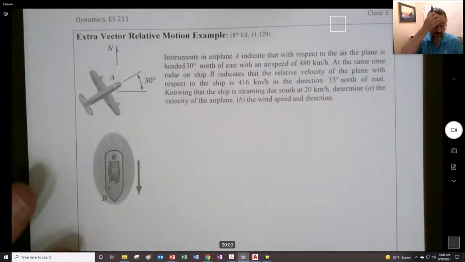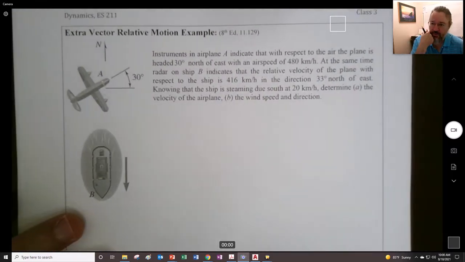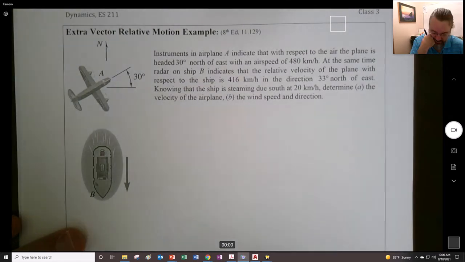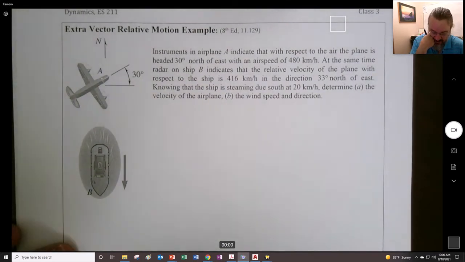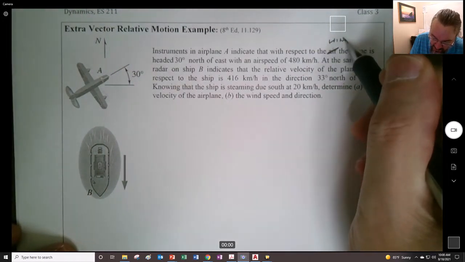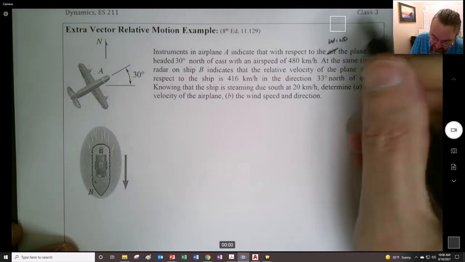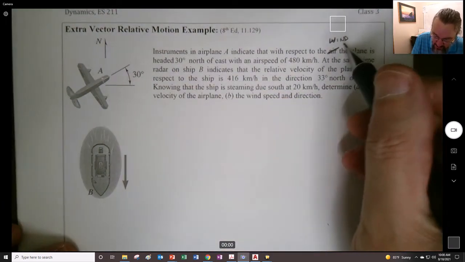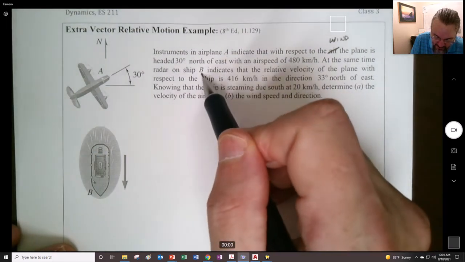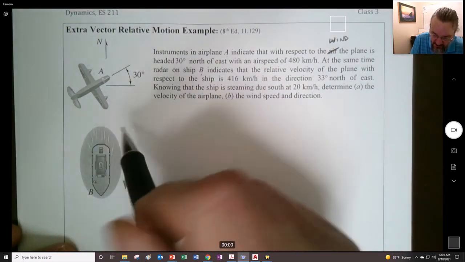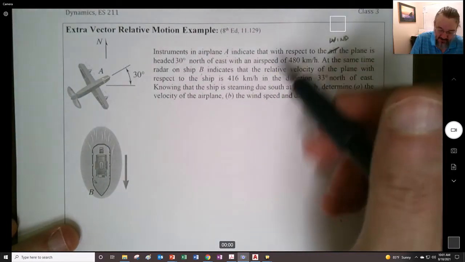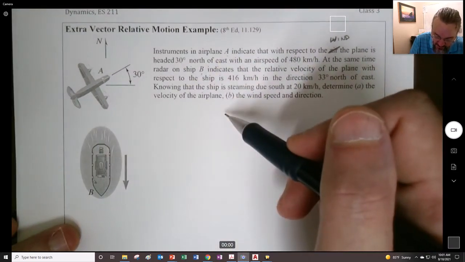All right, in my approach to this, I might try to organize my thoughts and see what it is that I know. First off, I'm going to say that the wind is going to have a velocity of v subscript w, and the airplane is A and the ship is B. So there are three things that have velocities, and some of them are velocities with respect to each other.